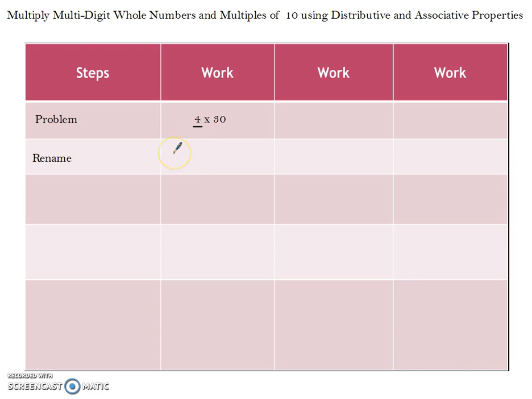We want to say how many discs in what column. In this case, we have 4 discs, and it is the ones column. So we're renaming 4 as 4 ones.